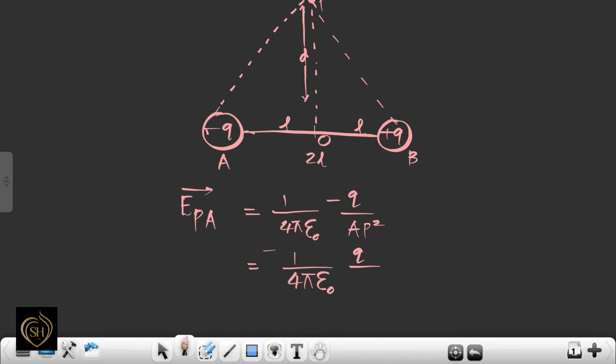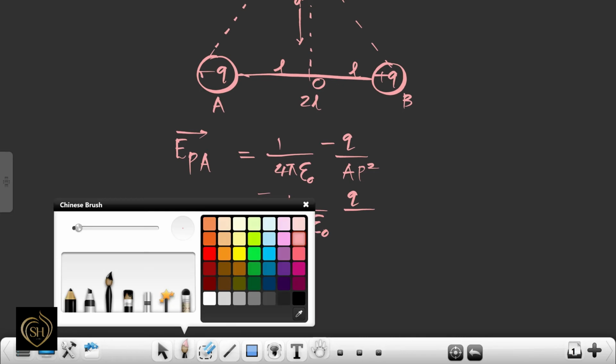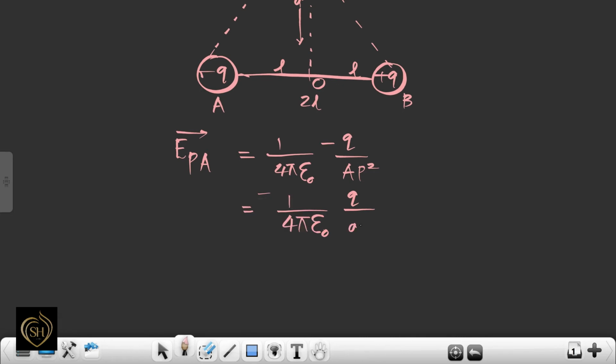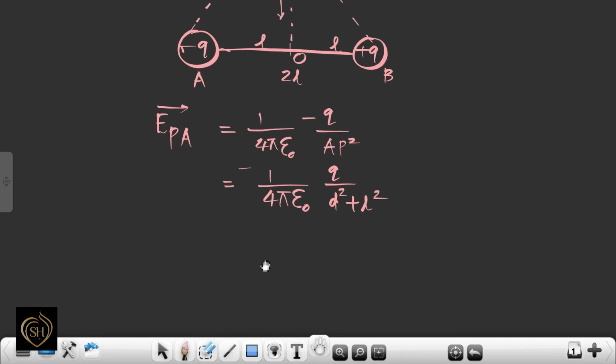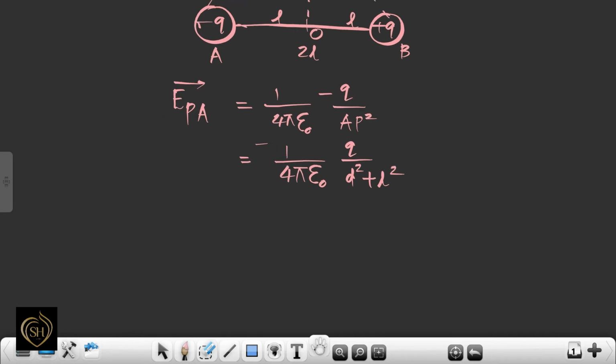What is AP? If we consider triangle AOP, AP is the hypotenuse. So AP square is equal to D square plus L square. So EPA is equal to minus 1 by 4 pi epsilon 0 Q divided by D square plus L square.